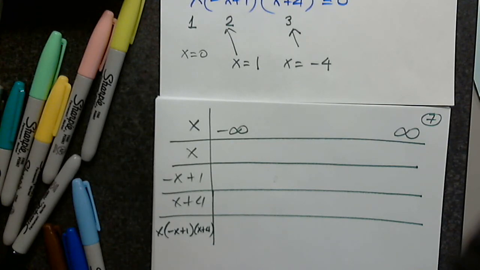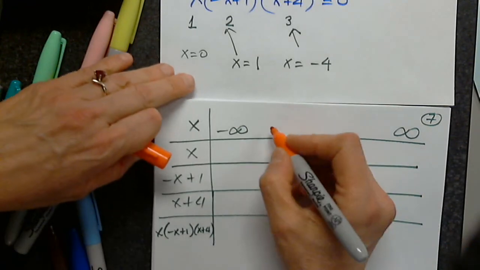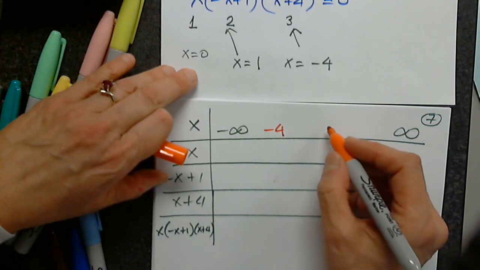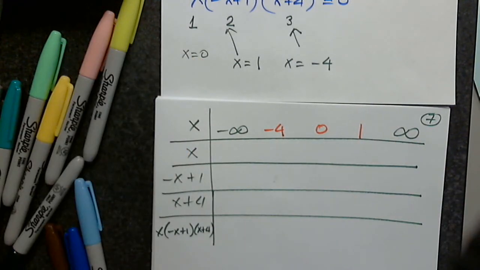Now the numbers that go in the chart, you already gave them to me. So please give me in order. Very good. You said negative 4, then you said, and then you said, very good. Let's analyze the first factor. Where is x 0?